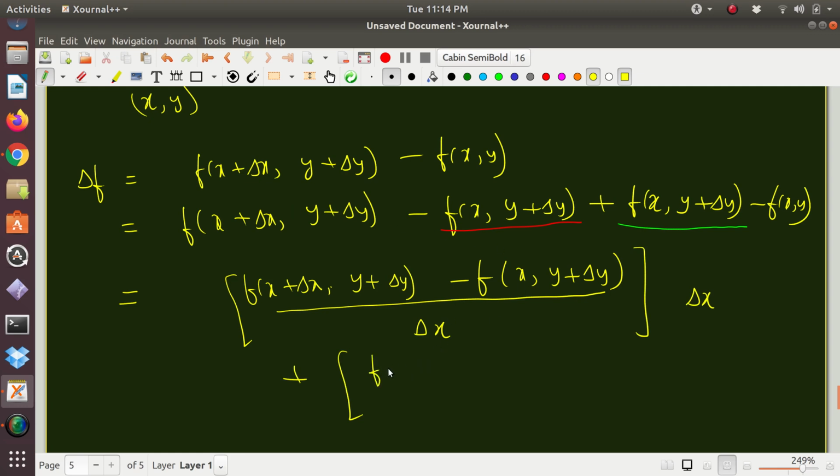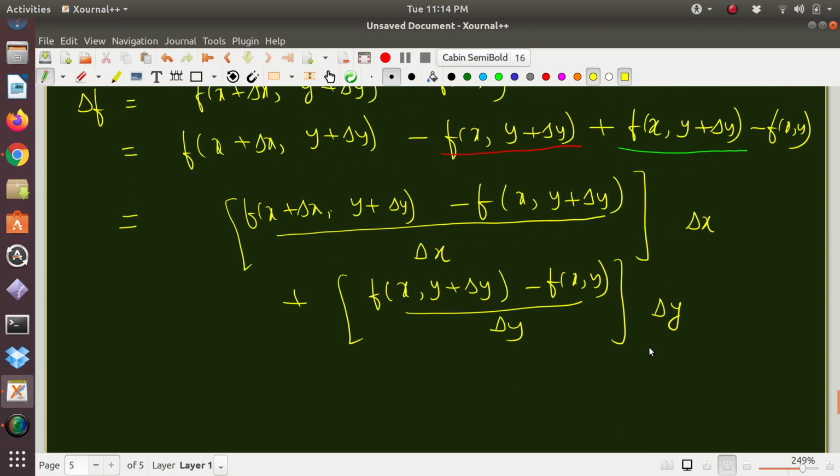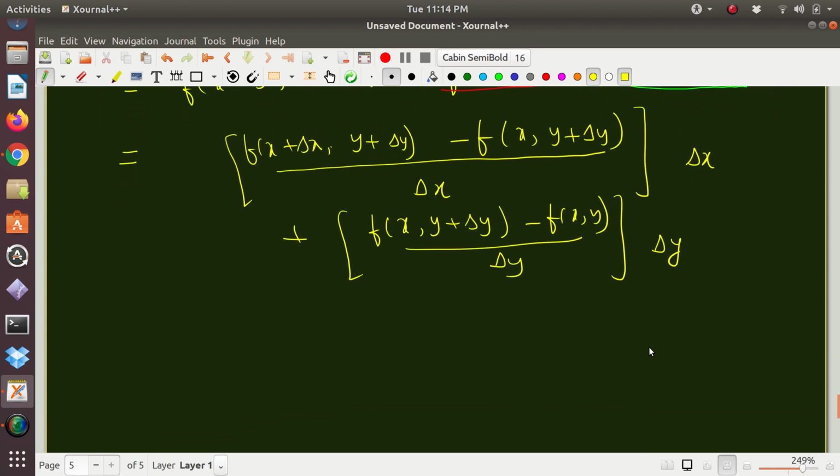If I consider the last two terms, f of x, y plus delta y minus f of x, y upon delta y times delta y. So I have done nothing difficult. I am just merely multiplying and dividing.